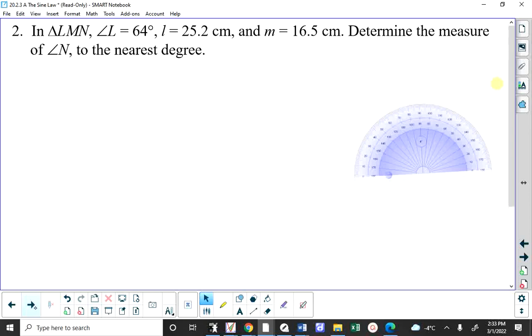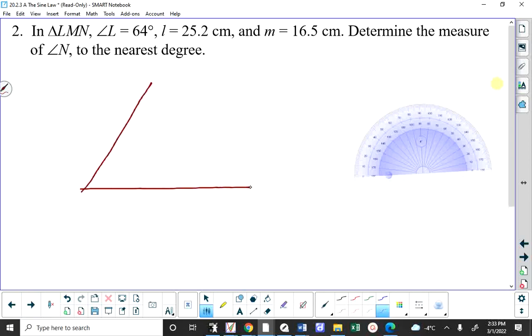Now, my advice is to draw this based on the information given in the question, starting with the angle and the side that you're given, and then you might have to erase it or adjust the diagram to make it look a little better, but it doesn't really matter if your diagram is poor or not. For example, I would just draw an angle that I believe is about 64 degrees.